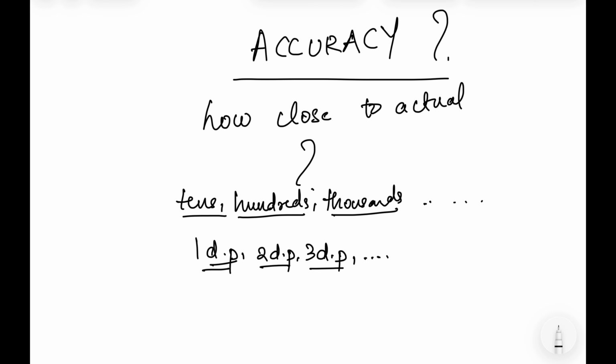Now there are 3 easy steps to remember for finding accurate answers. The first step: whenever we are finding an answer accurate up to a certain given value, let's take an example, 45928.